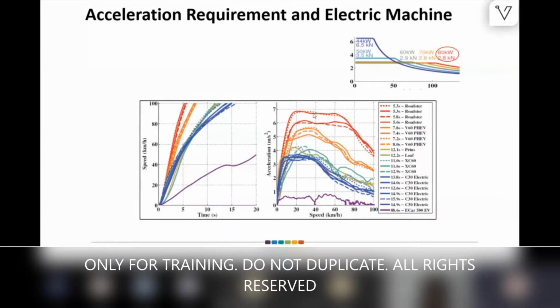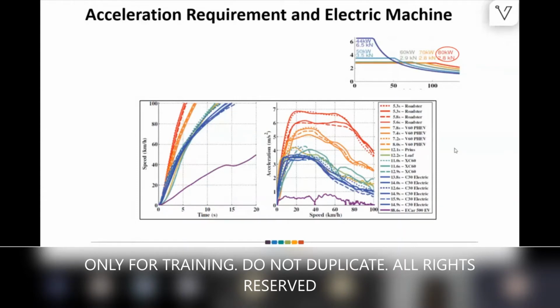Now it's a very interesting thing to note that this particular machine, this 80 kilowatt machine here, has low torque. And as I mentioned, if we talk about acceleration, we are focusing on this peak torque here. We may assume that the higher the peak torque, the better the acceleration. It's not always the case.